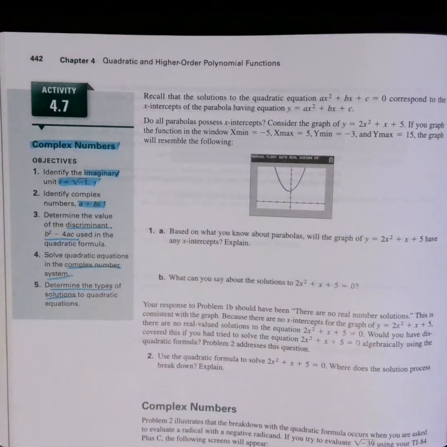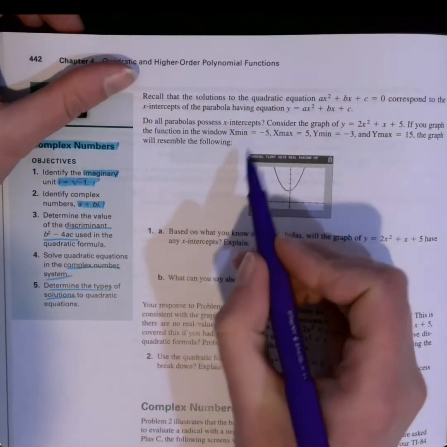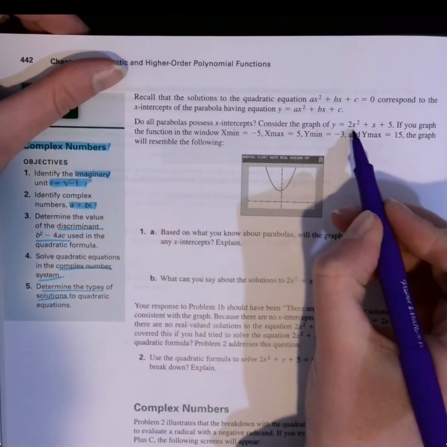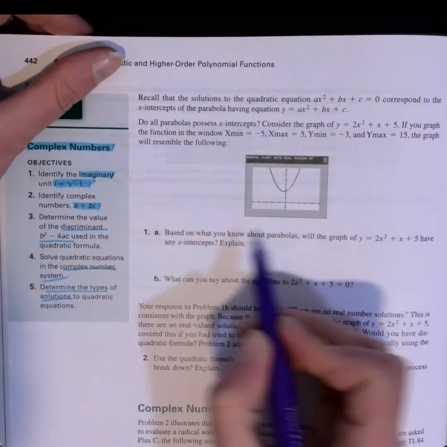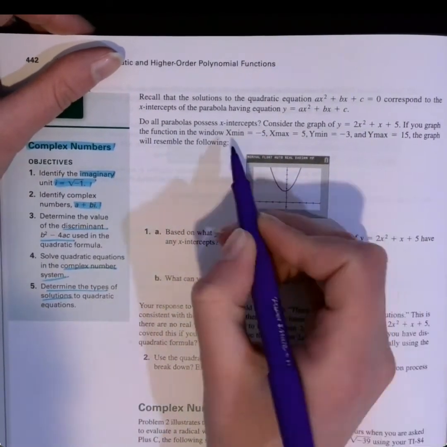All right, so this is where all of our practice in using the quadratic formula and simplifying it to get simplified solutions will come in handy, because when we're looking in the complex number system, these are not going to be graphical. So looking at this equation right here, y equals 2x squared plus x plus 5, based on what we know about parabolas, will this function have any x-intercepts?